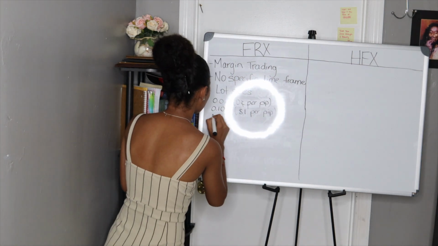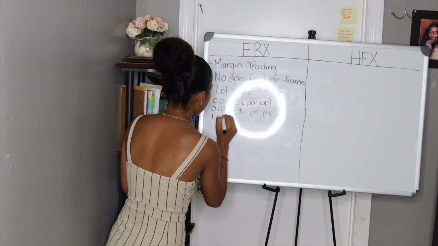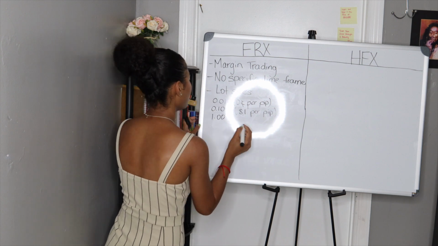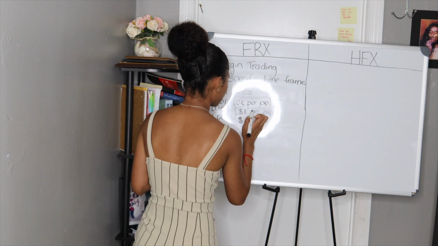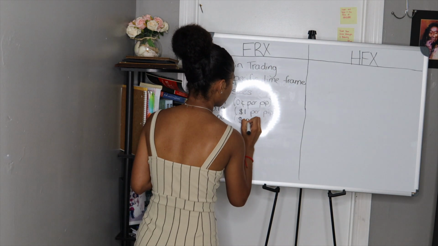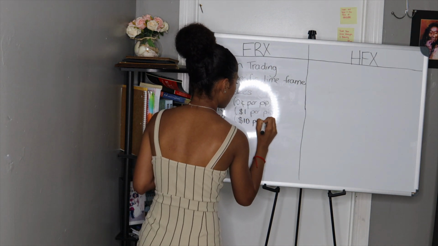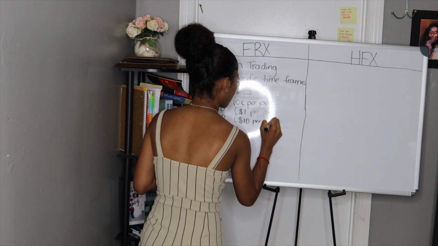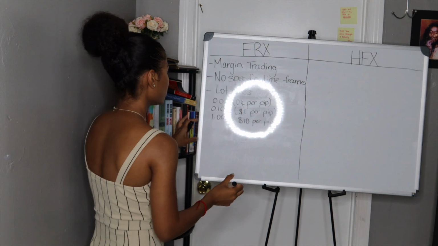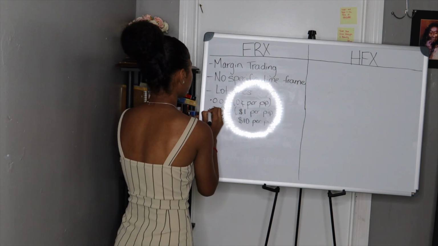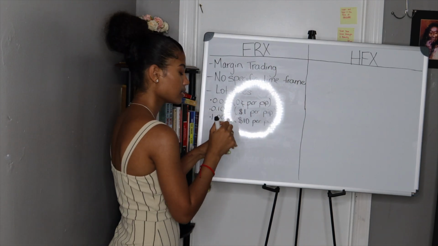Last one, a standard lot size, 1.00, is $10 per pip. So these are just the different types of lot sizes.